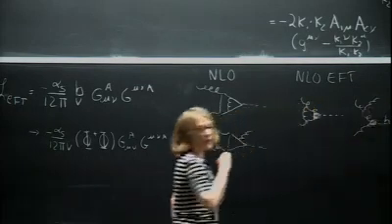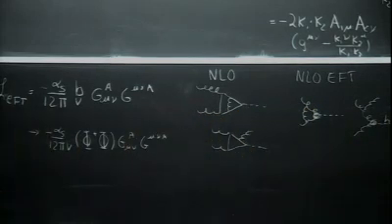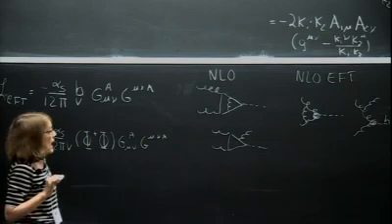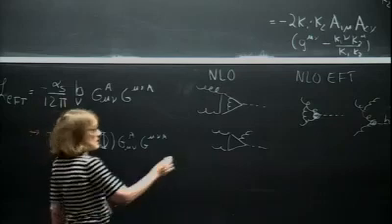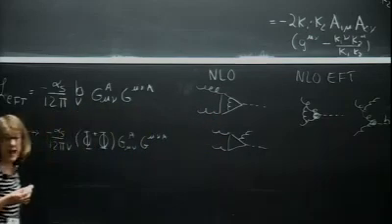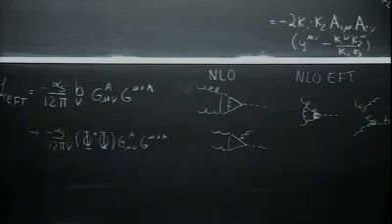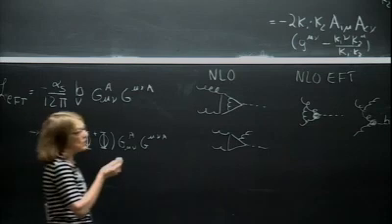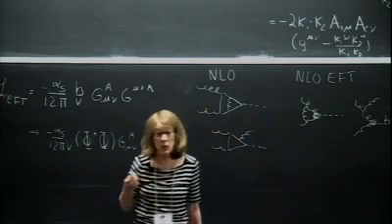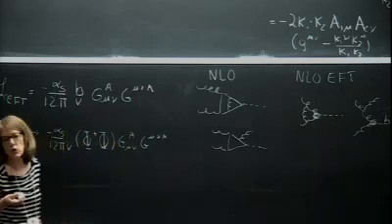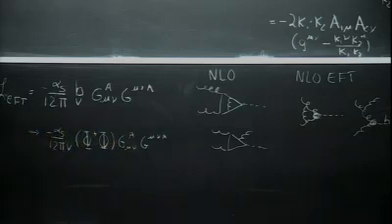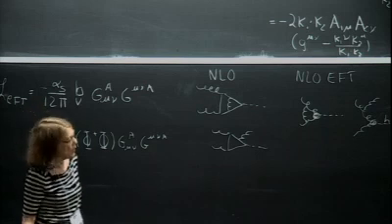And it's only one loop. So I've lost a loop when I went to the effective field theory. So it gets easier, okay? And of course, I can check that it works since I know how to do this exactly. So this is very good. But as I said yesterday, when you calculate the NLO EFT, you get very large corrections and you roughly double the rate. So that says, guys, that you've got to go on to the next order to calculate the NNLO.